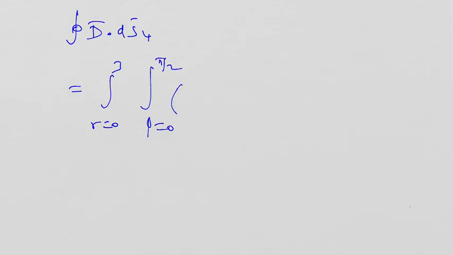D dot dS4 over the fourth surface will be equal to r varies from 0 to 3 and phi varies from 0 to pi by 2. The expression will become 3z. So this is simply, z is 2. So 3z is 6 minus x, which is r cos phi. So let me substitute r cos phi here, r d phi dr, right?